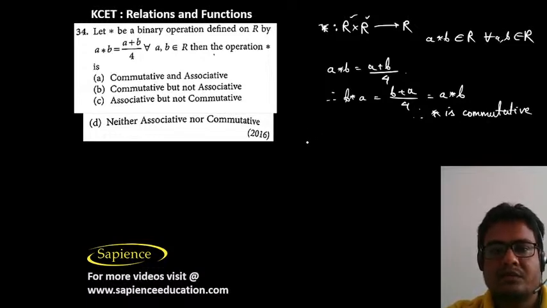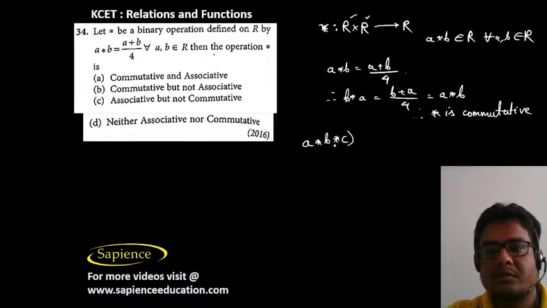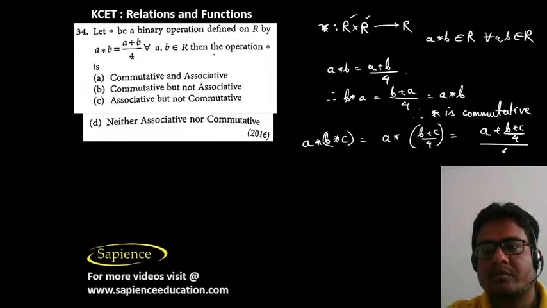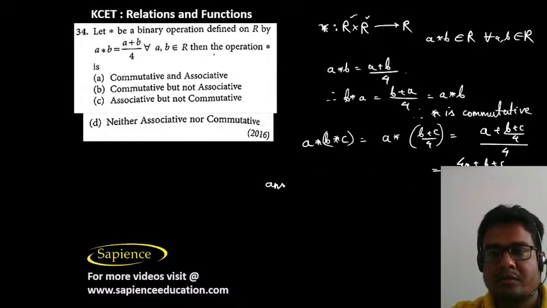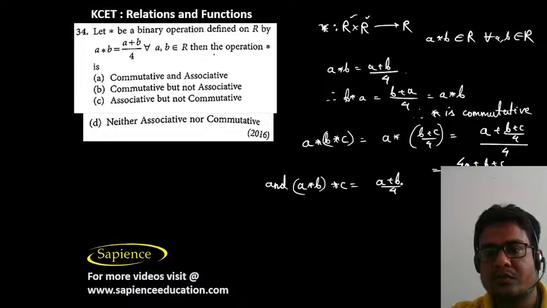So the operation star is a commutative binary operation. And we have to find if it is associative or not. So A star (B star C): B star C would be (B plus C) by 4. A star ((B plus C) by 4) will be (A plus (B plus C) by 4) divided by 4. So that would be (4A plus B plus C) by 16. And then (A star B) star C. A star B is (A plus B) by 4, star C. So that would be ((A plus B) by 4 plus C) by 4.